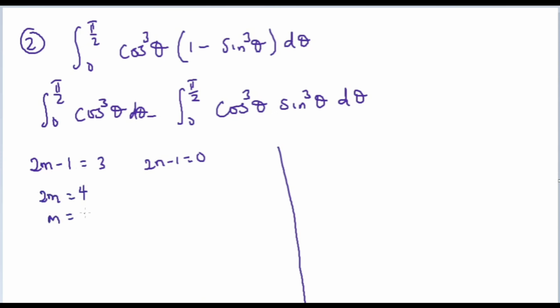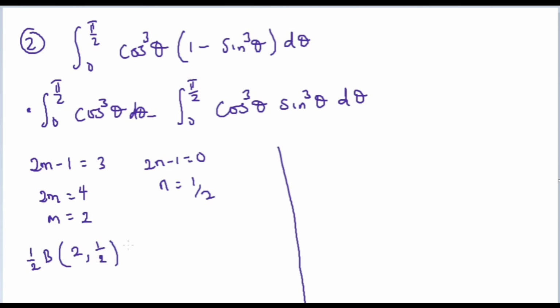Then m is equal to 2. Here n is equal to 1 over 2. Because there's nothing here, we are basically looking for 1 over 2 times the beta of 2, comma 1 over 2. That's for the first part.